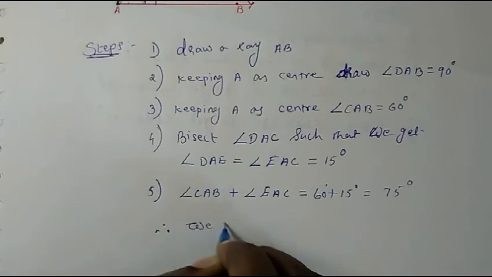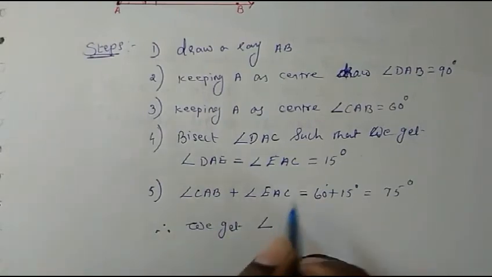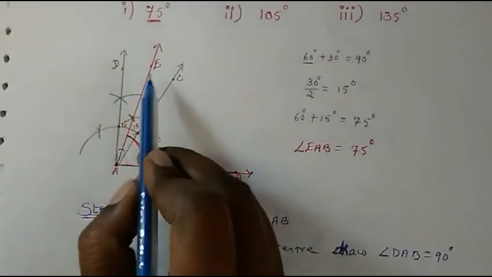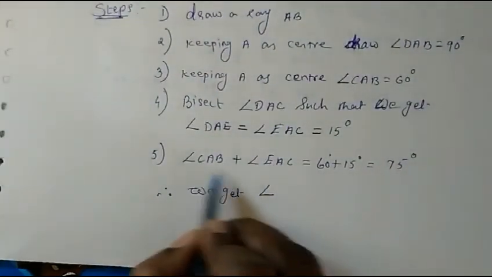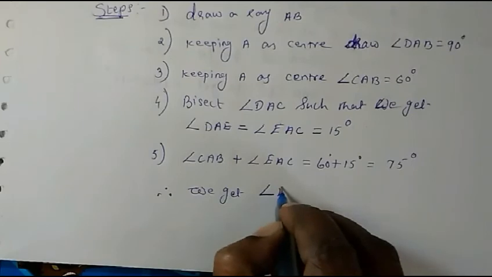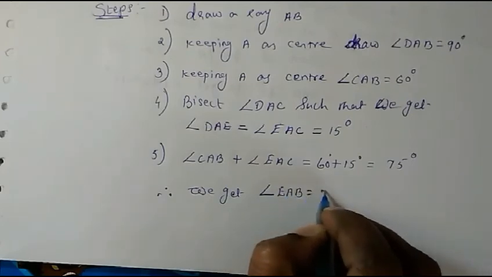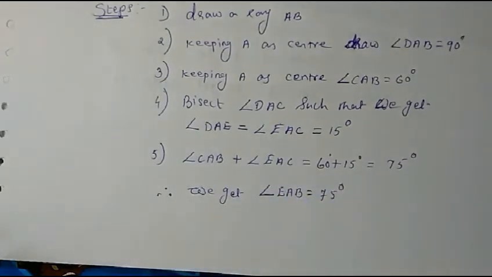Thus we get angle EAB. Okay, this angle together gives us EAB, which is 75 degree.